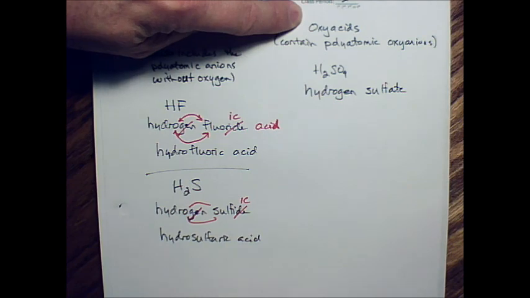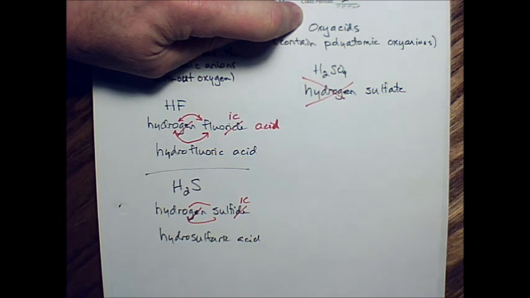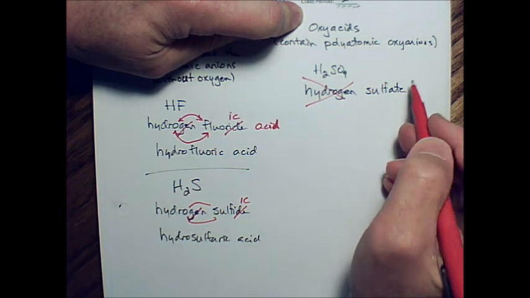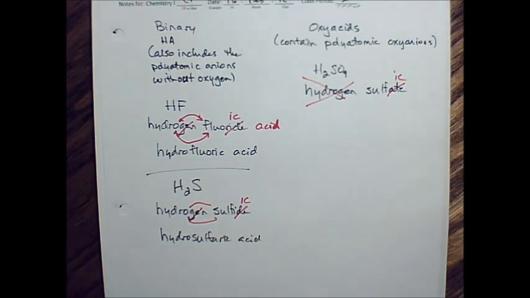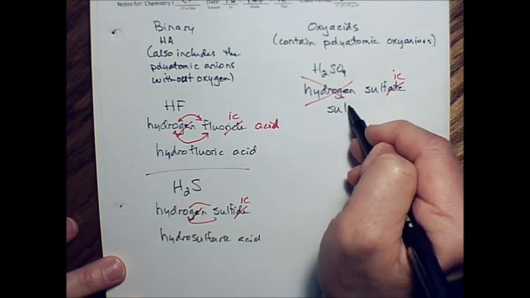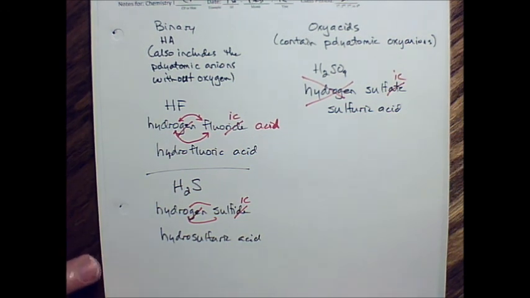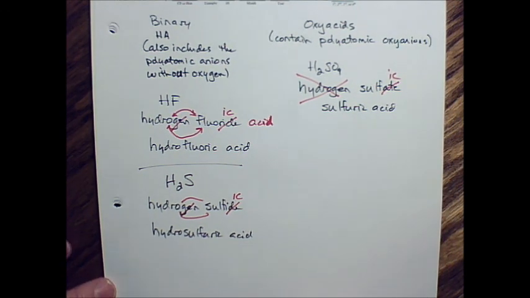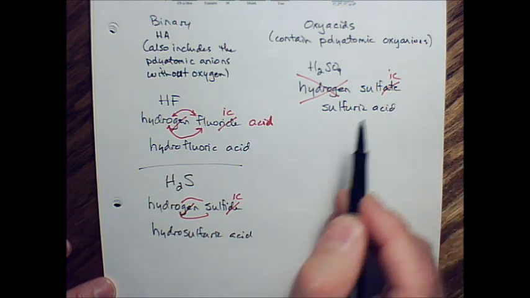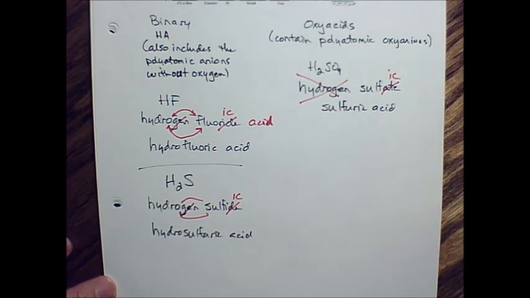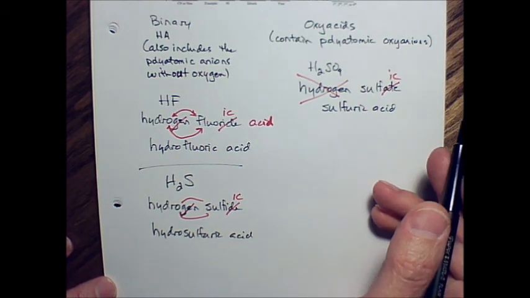For oxyacids, we're going to drop the hydrogen altogether. And we're going to put the "ic" back on, and with sulfur we put the "ur" on there too. So this is simply sulfuric acid. If it's concentrated, it's very strong. Yes, it's what's in your car battery. So this is a sulfate anion, and we change it to sulfuric. Okay? So ates become ic. Hydrogen drops off for the oxyacids.